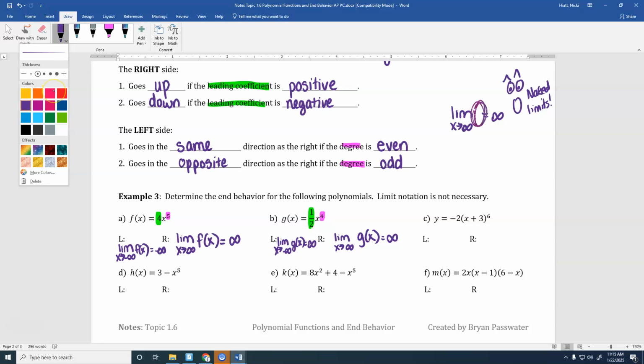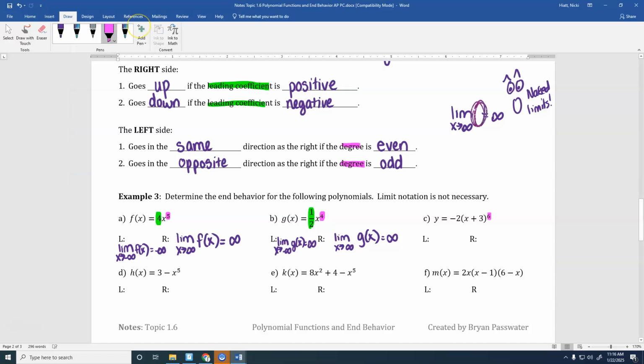So let's imagine multiplying it out. What's the highest exponent you're going to get? 6. X to the 6th. So this is still going to be your degree, and then that negative 2 will have to get distributed to everything. So that's still going to be your leading coefficient, right? So it's not multiplied together, but you can imagine what would happen if you did.